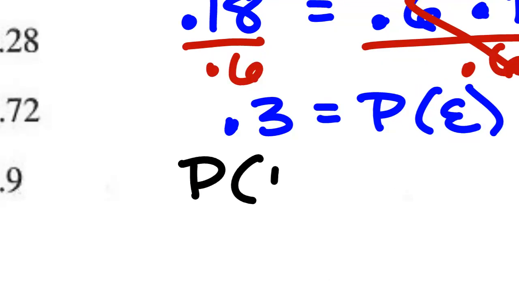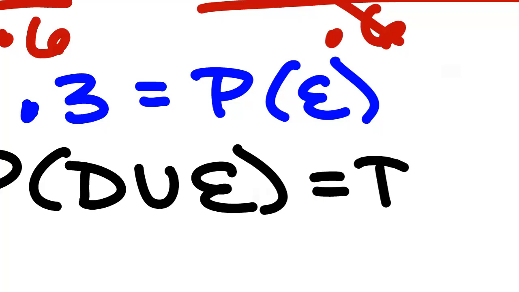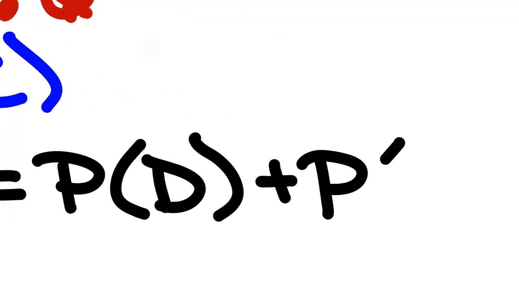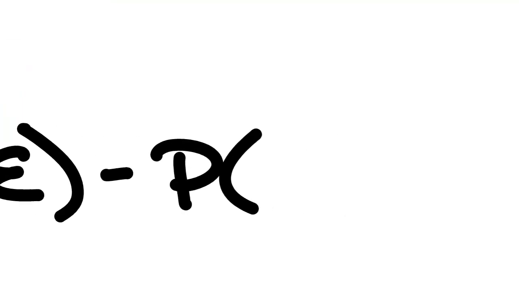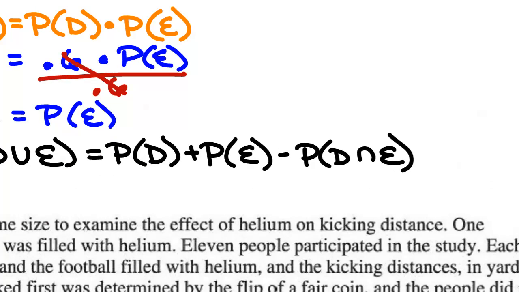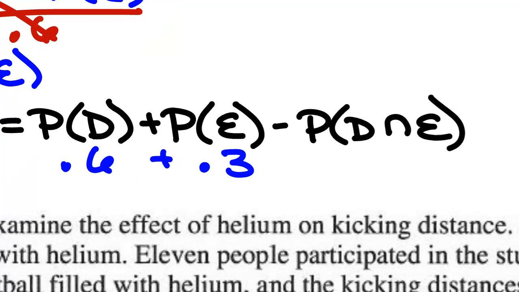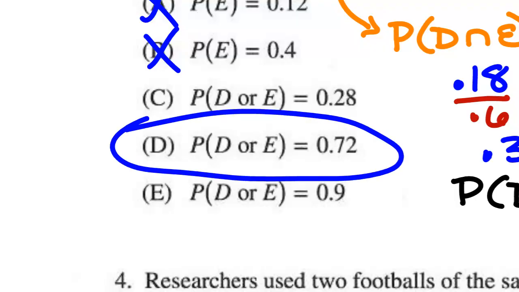So probability of D or E is equal to the probability of D plus the probability of E minus the probability of D and E. So 0.6 plus 0.3 minus 0.18, and we end up getting 0.72.